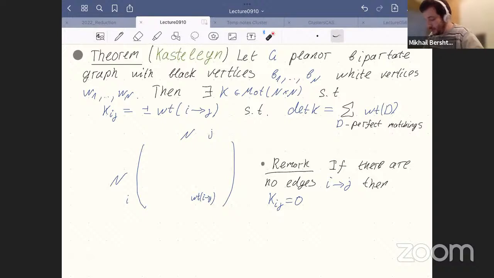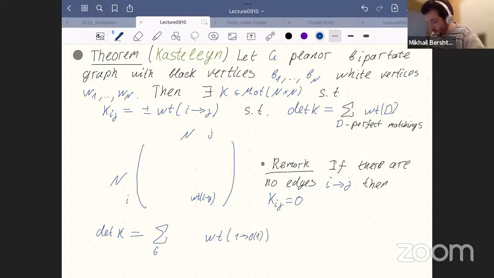And if you compute the determinant of this matrix, then the determinant of K is equal to the summation over what? Over some permutations, weight of 1 sigma 1, weight of 2 sigma 2, and so on, with some sign.